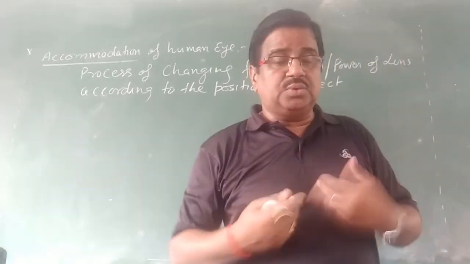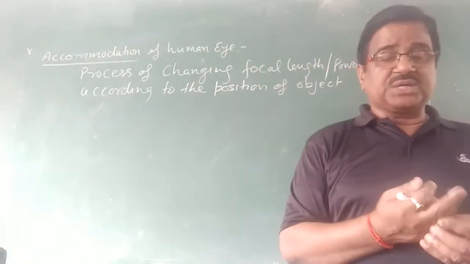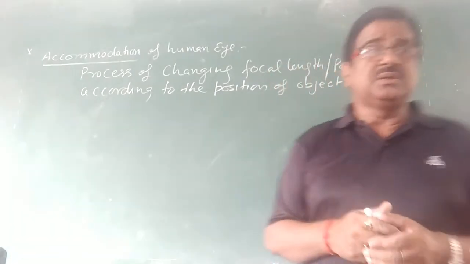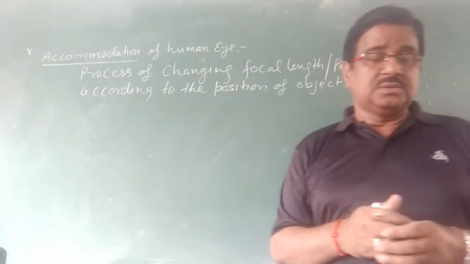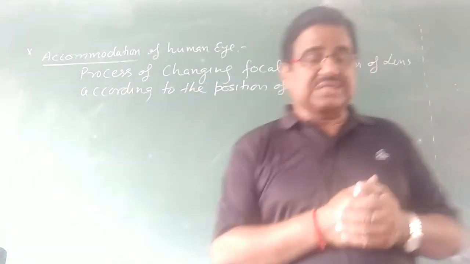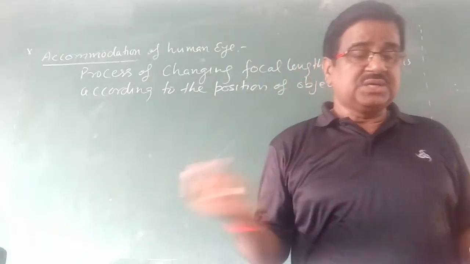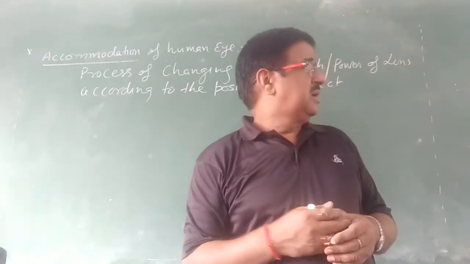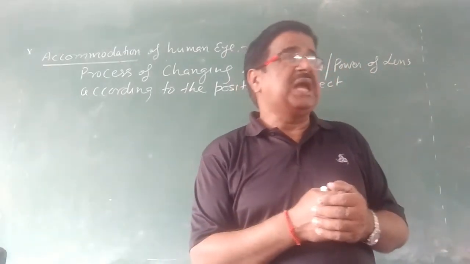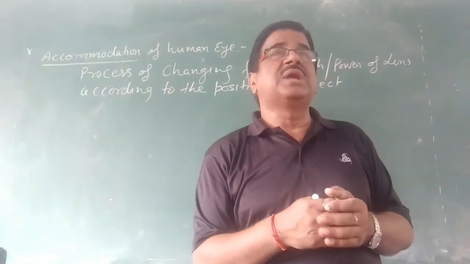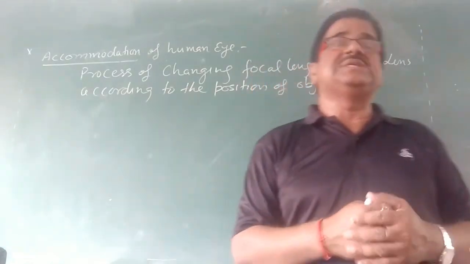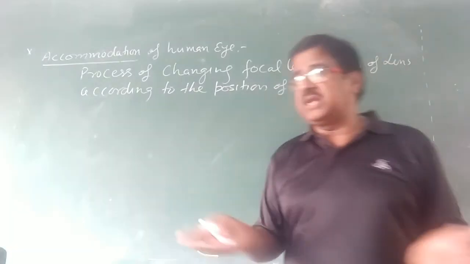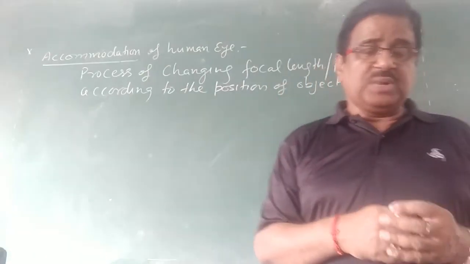Now, when you are looking at an object closer to the eye, what will happen? The ciliary muscles contract. Due to this, there is an increase in the curvature of the eye lens, and you can see the thickness of the eye lens increases.